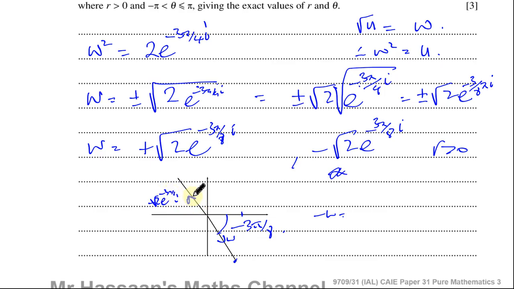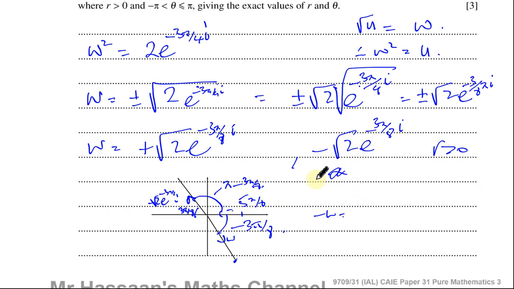So how do I express this in the right form? If I take this angle, it's the same as the angle over there, which would be 3 pi over 8. Now this angle over there is going to be pi minus that, so pi minus 3 pi over 8, which is 5 pi over 8.